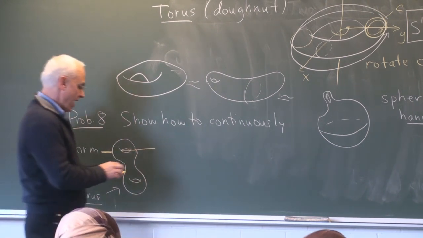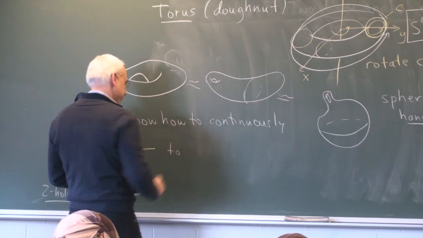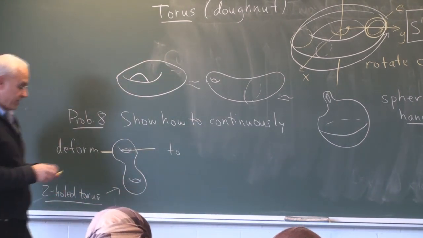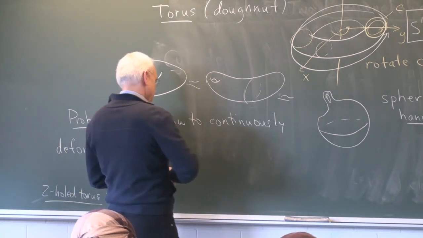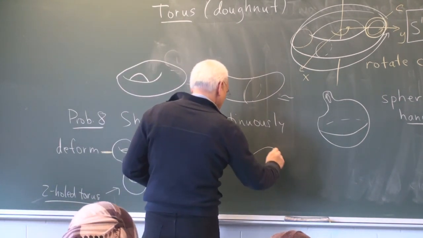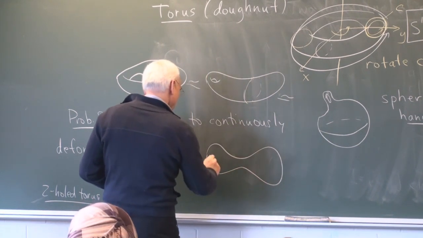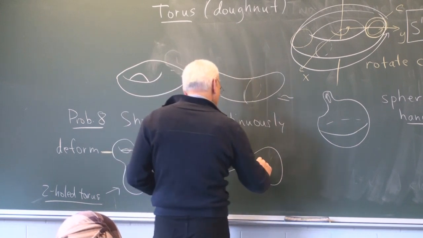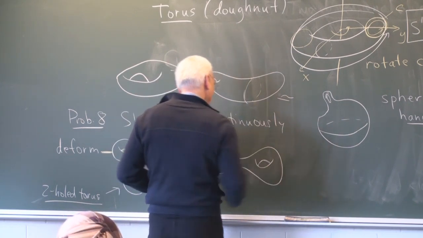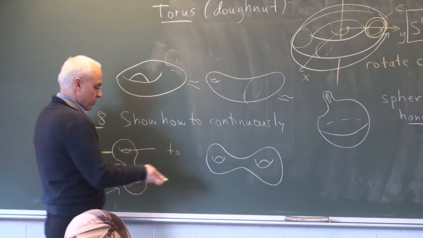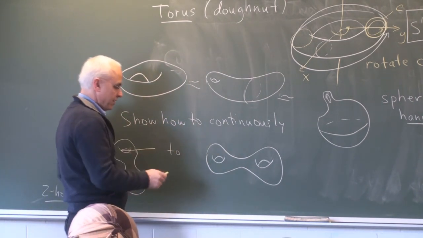So we want to deform that to this situation where the 2-hole torus is at an angle.